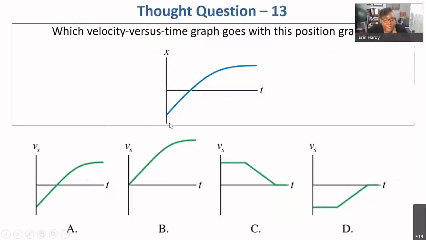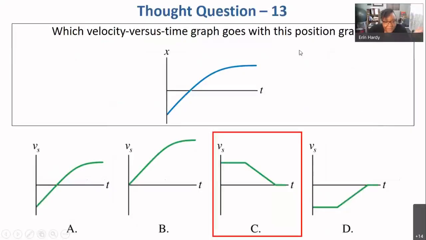And all we wanted to look for was the sign of the slope here on the position graph, and then whether it was constant or not. So we have a positive slope here. We know that our velocity graph is going to start off with positive values. It levels off so that eventually we get to a section that's got a slope of 0. So we know that this object is going from a positive velocity to 0. C is the only one that makes sense there.